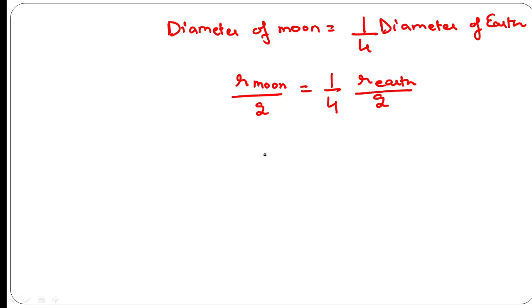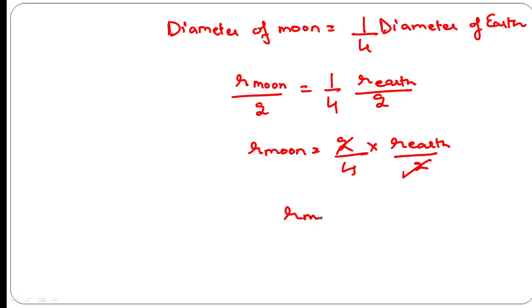So what will we obtain? This 2 will multiply on the other side, so r earth divided by 2. So we will obtain the radius of moon to be radius of earth divided by 4.